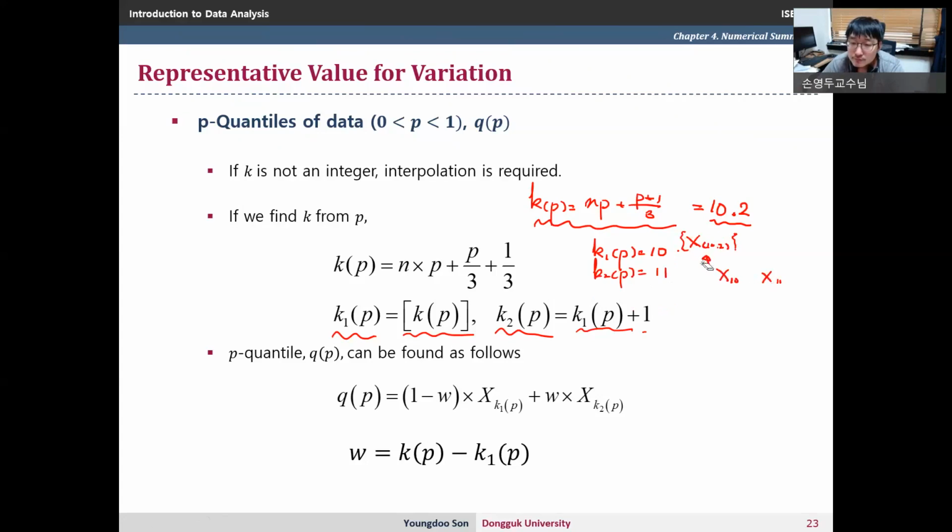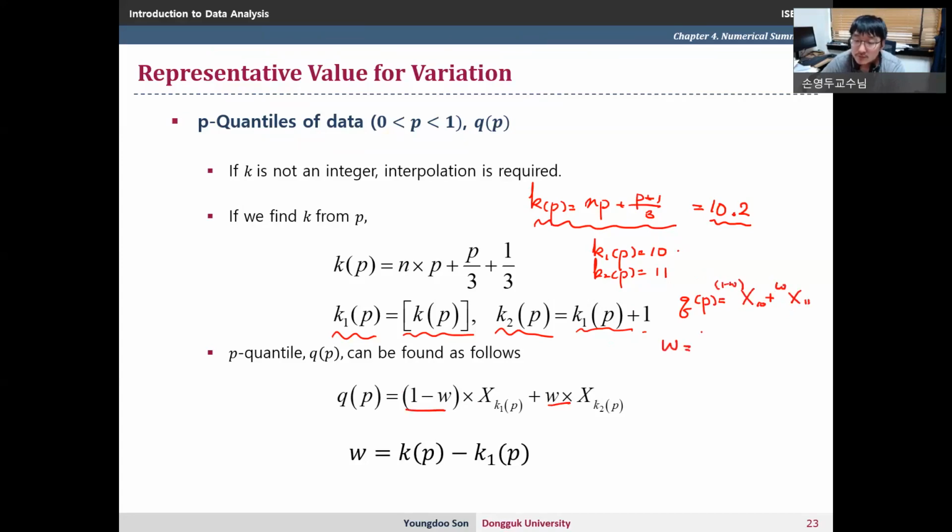So for example, the data point Qp, we will combine x10 and x11 with some weights like this, 1 minus w and w.